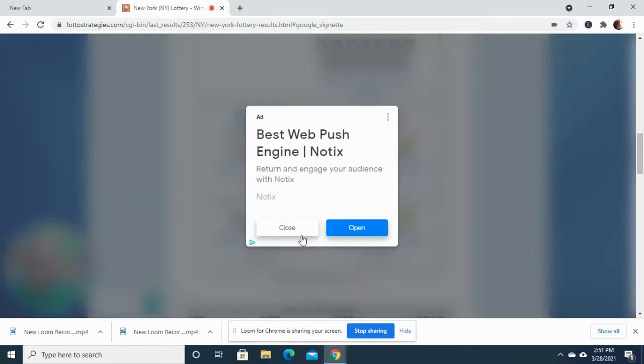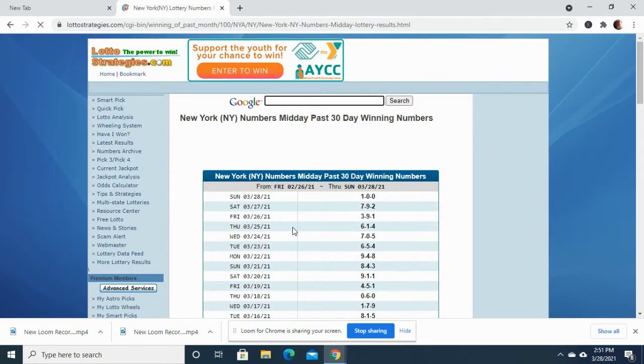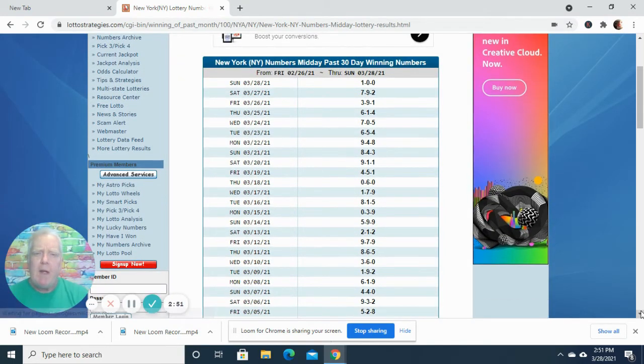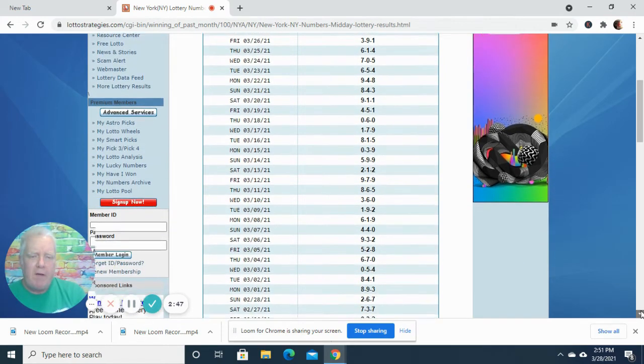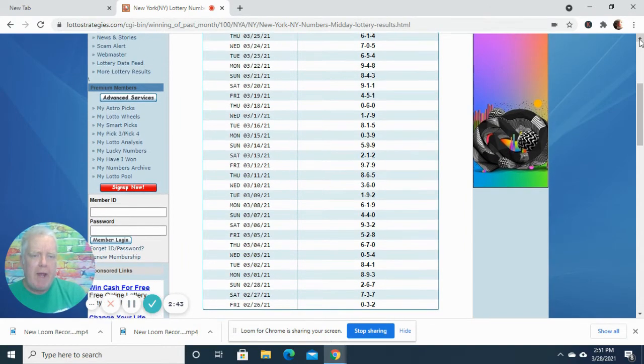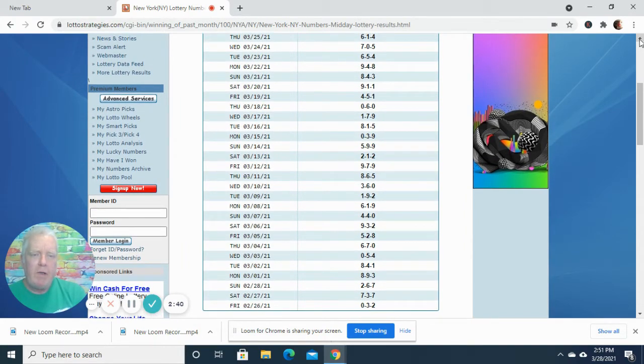All right. Got the ad off there. So this gives you 30 days of results of draws. These are all the past draws. Now you can look at this and see what numbers have been coming out.